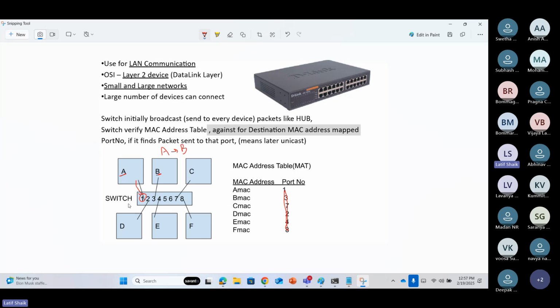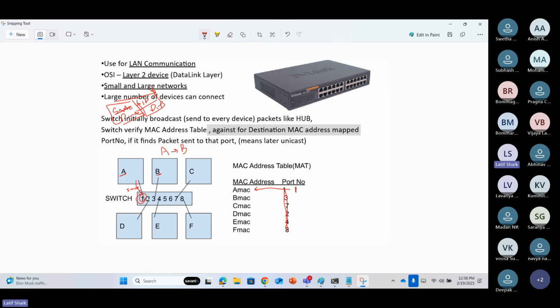The switch takes port number 1 and checks the incoming MAC address. Guys, when you are sending a packet, the packet contains your source MAC address, your source IP address, and the destination MAC address and destination IP address.